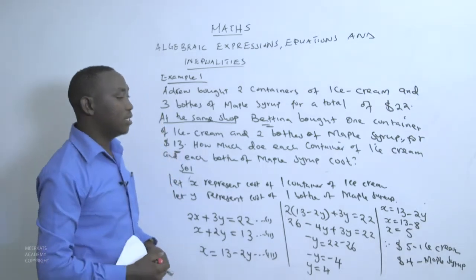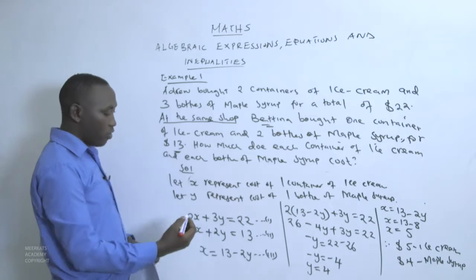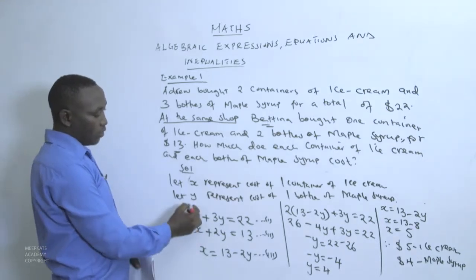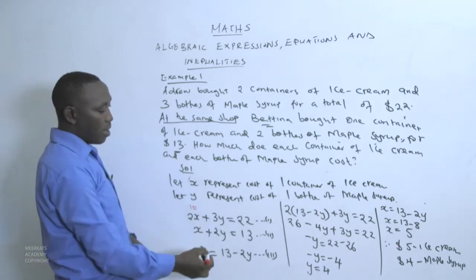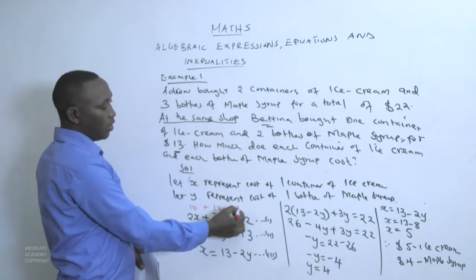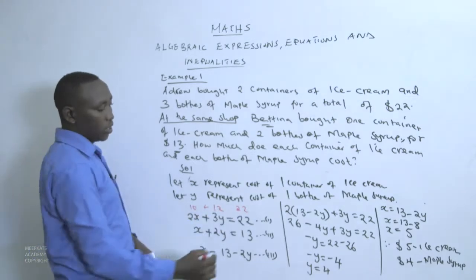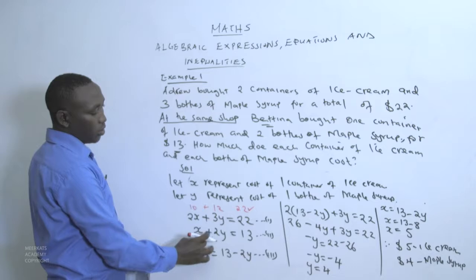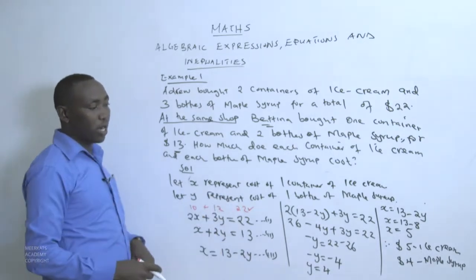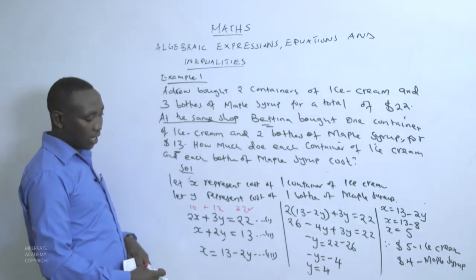Now we've been told that x is 5 and y is 4. So when you replace, 2 multiplied by 5, you'll get 10. 3 multiplied by 4, you'll get 12. When you add 10 and 12, you'll get 22. So that is okay.